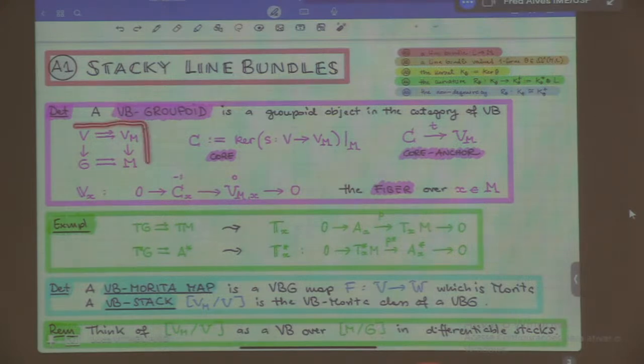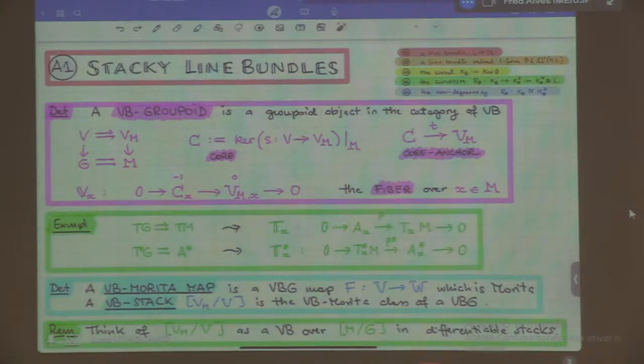If you have a VB groupoid, then you can define a vector bundle N called the core, which is the kernel of the source map restricted to units. And if you restrict the target of V to the core, you get a vector bundle map from the core to the side bundle, which is usually called the core anchor.